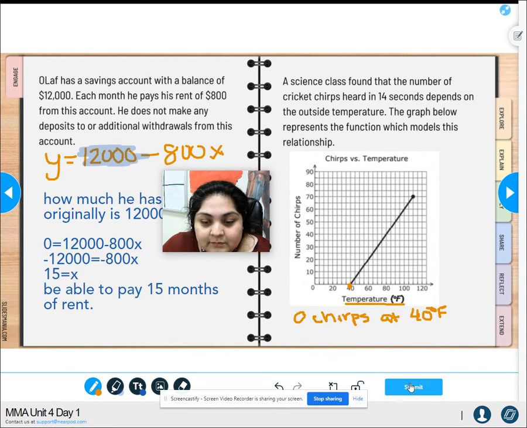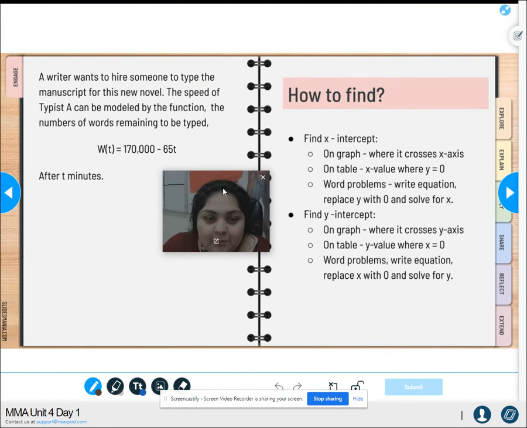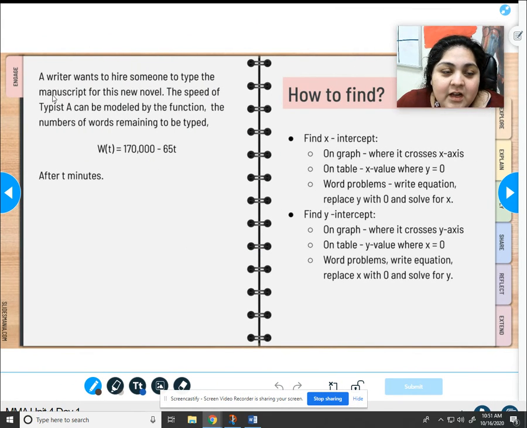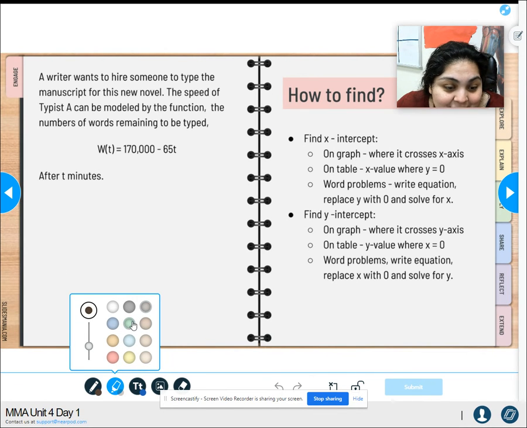All right, submit that, and here we go to the next one. All right. A writer wants to hire someone to type the manuscript for his new novel. The speed of typist A can be modeled by the function the number of words remaining to be typed, W(T) equals 1,700,000 minus 65T after T minutes. So the y-intercept would be how much he has left to type.